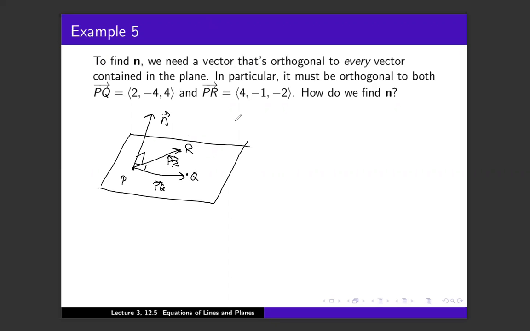How are we going to find that vector n? We want a vector that's orthogonal to both of these. How are we going to find it?